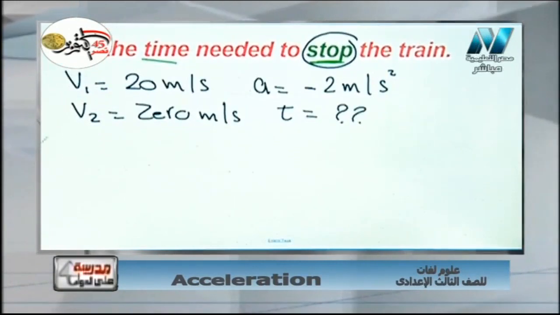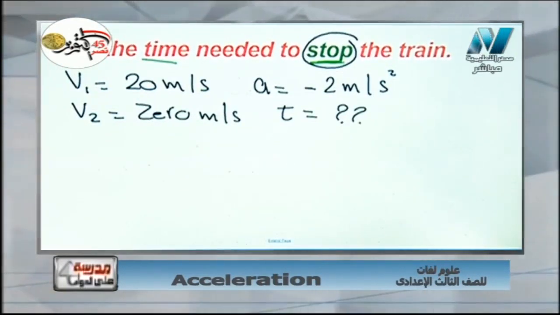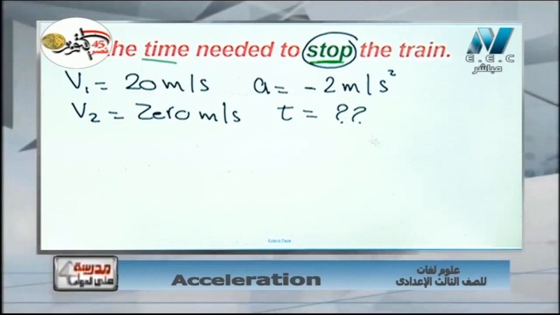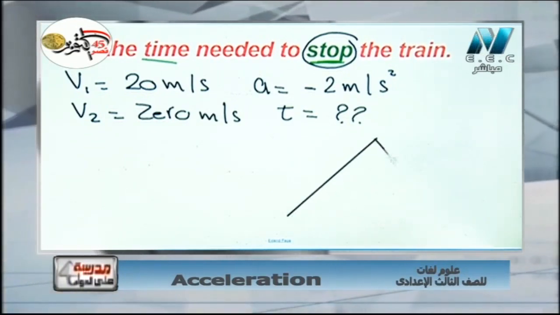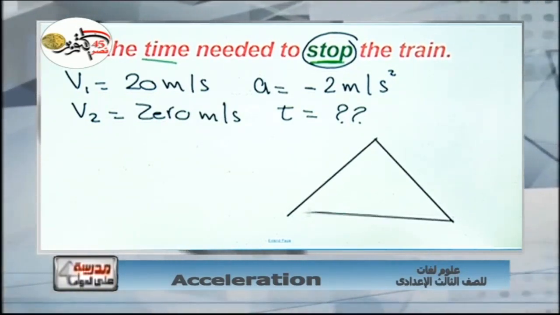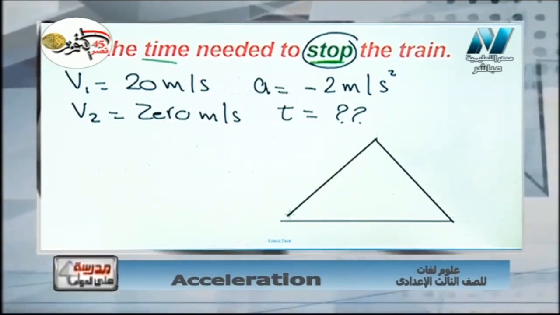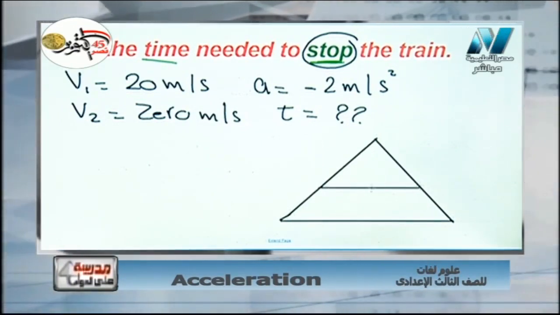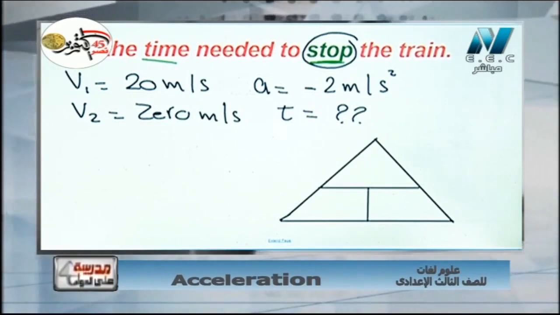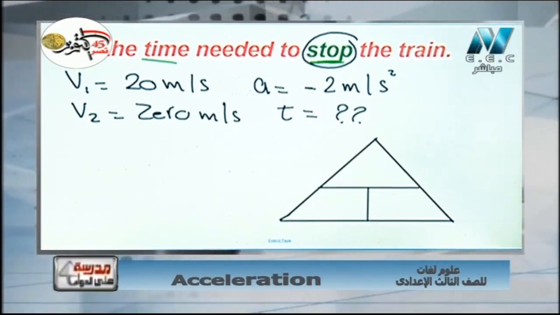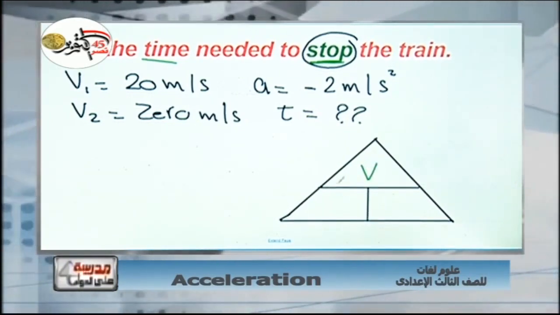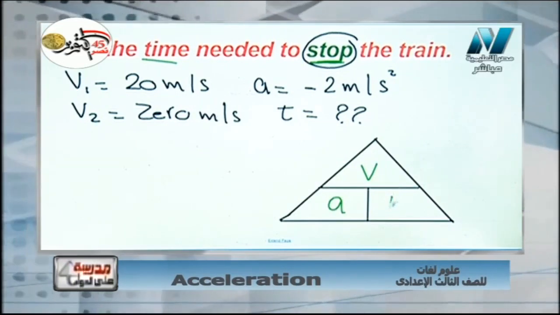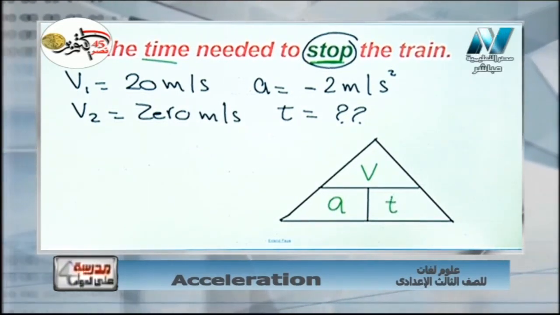So from the magic triangle, we work with the mathematical law. We have the given numbers and the magic triangle, as we see here. We have speed or V, we have A, we have T. But in speed we have two speeds.